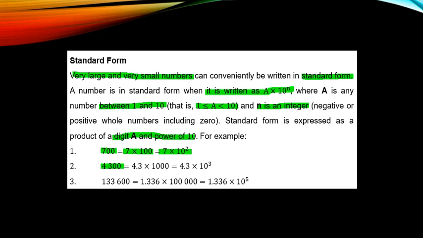To get 4.3, it means you have to factor out 1000. So you have 4.3 times 1000, and you can express 1000 as 10 power 3.